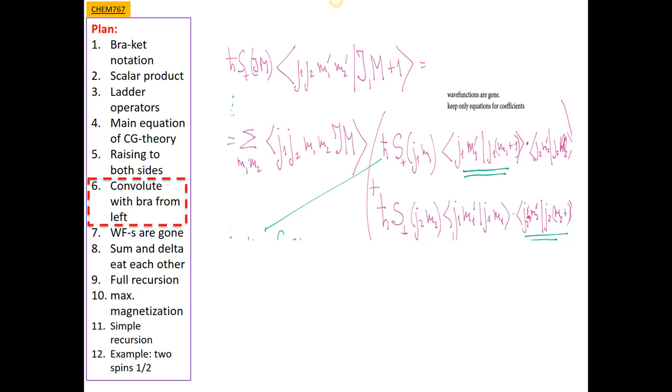Yes. G1, G2. So here we are replacing m1 with m1 prime without change. But the second index we are replacing with m2 prime minus 1.